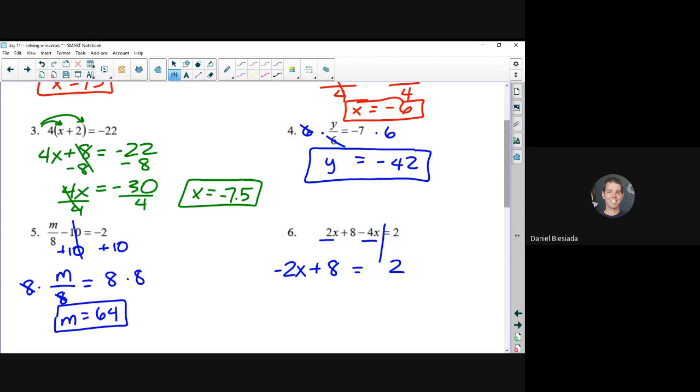I'll start by counteracting the 8, which is a plus 8. The opposite of adding 8 is subtracting 8. And in our final step here, x is being multiplied by negative 2. The opposite of multiplying is dividing. And that leaves us the final answer of x equals 3.